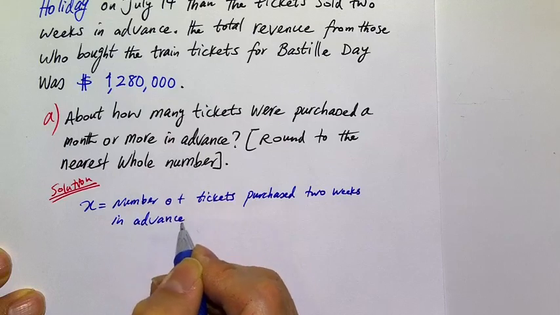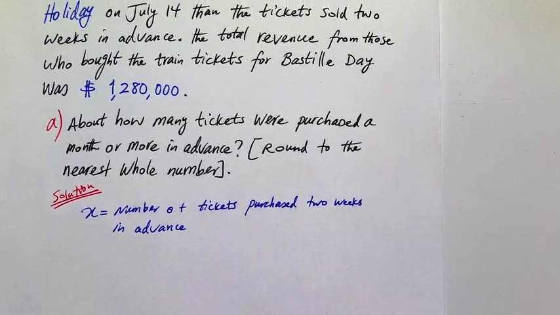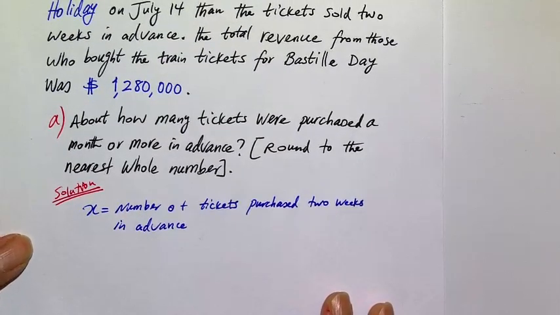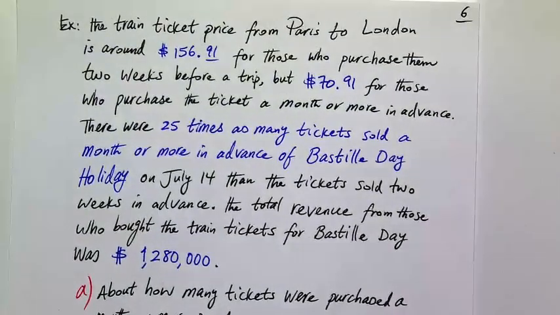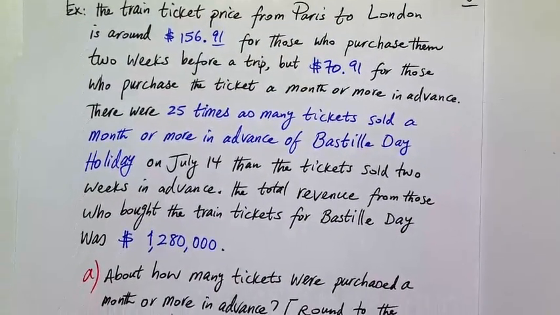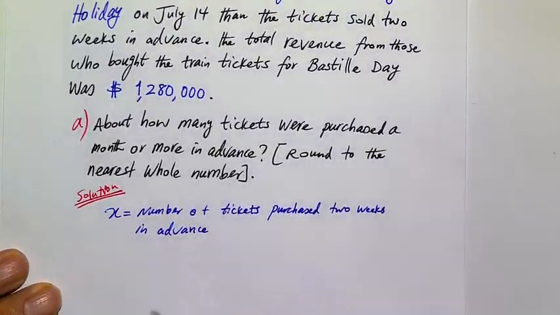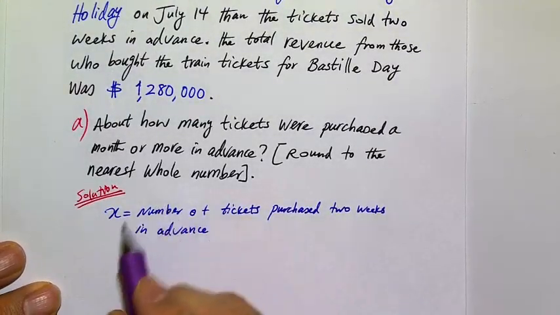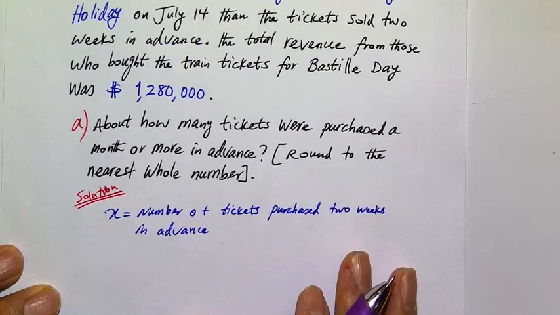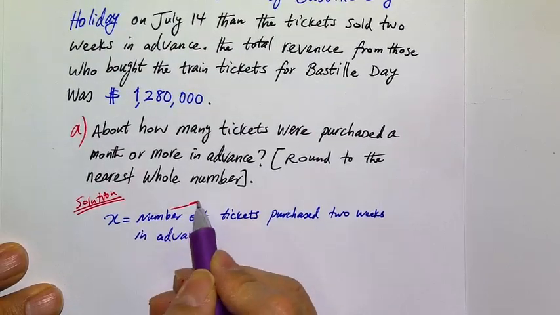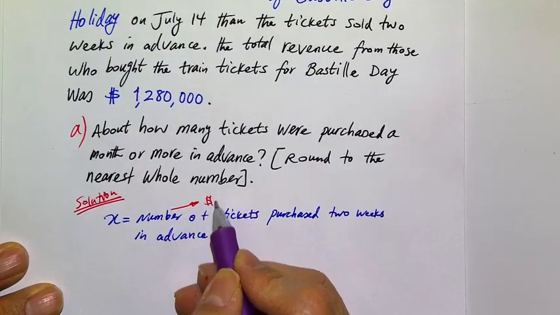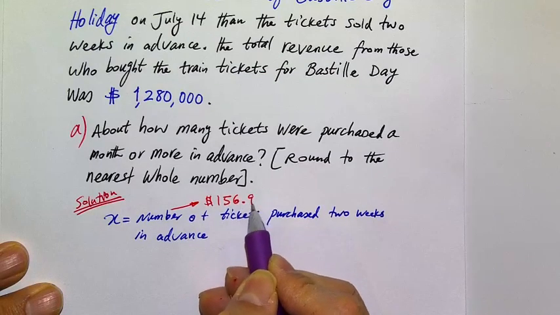So as soon as we introduce a variable, let's attach information to it, because that's part of organizing this big paragraph into an equation or some quantitative data. So for X, they're paying a higher price, right? So they're paying $156.91.